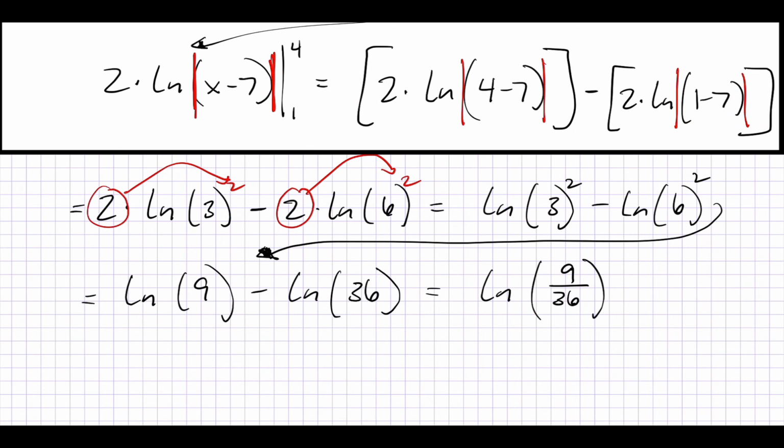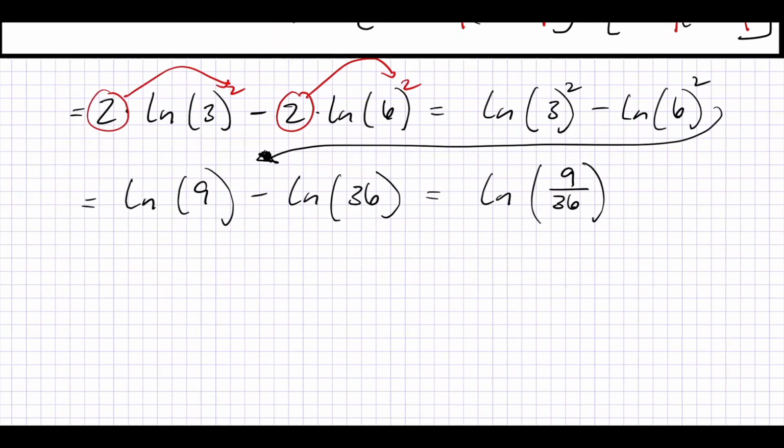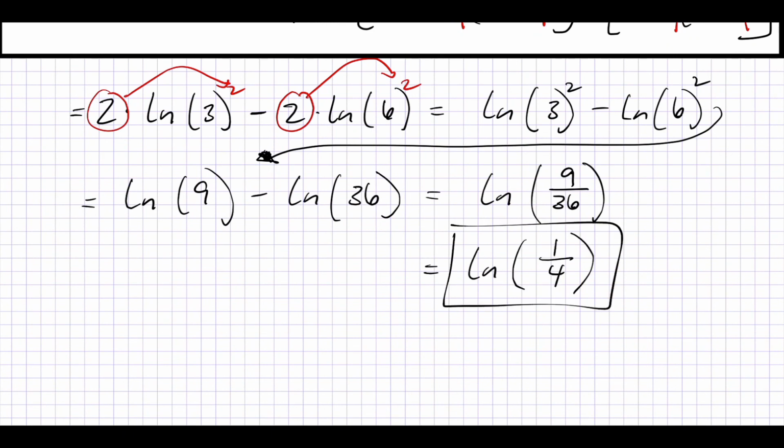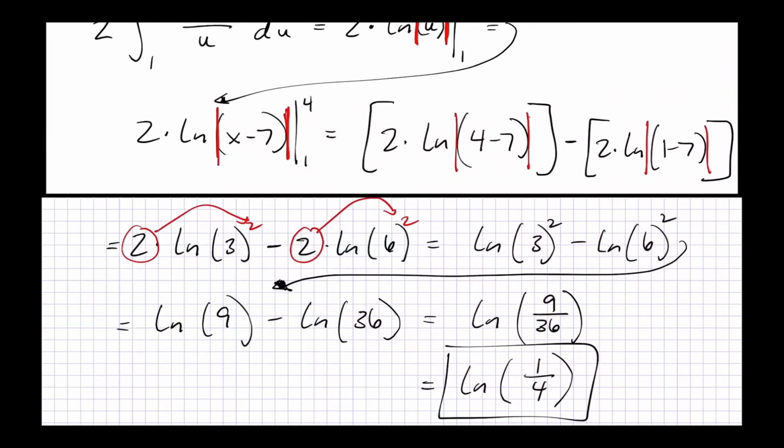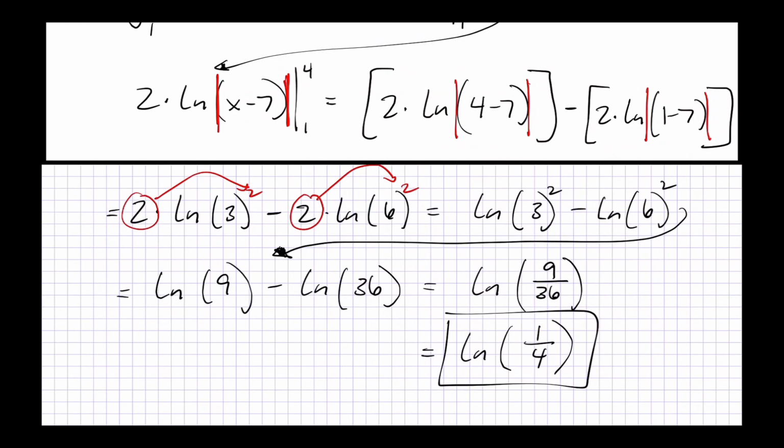The only other step is, if I can reduce that fraction, reduce it, which I can. So it's going to be the natural log of 1 over 4. Done. I have one single natural log of something. That's it.